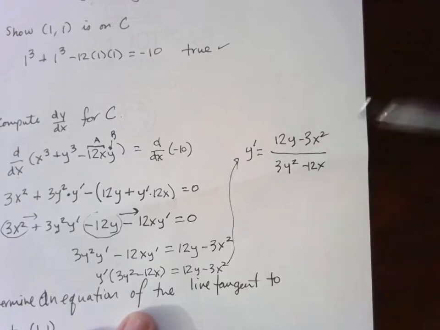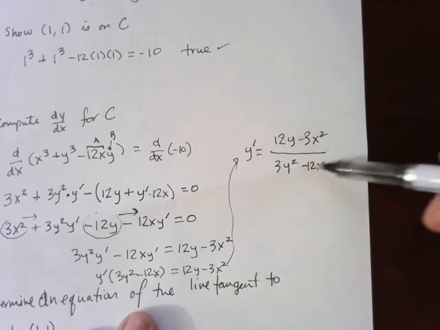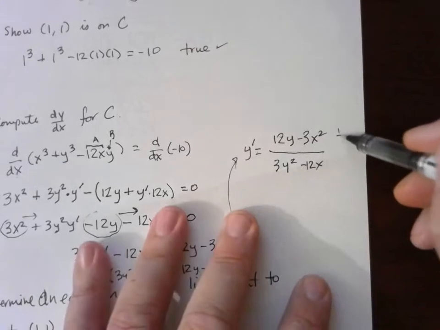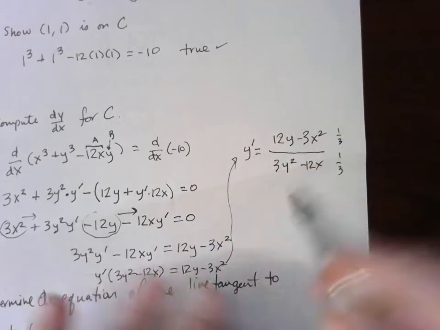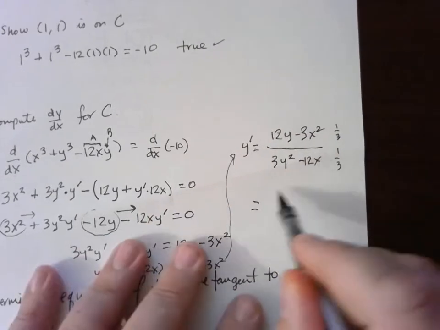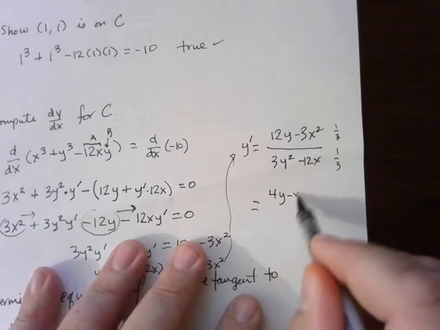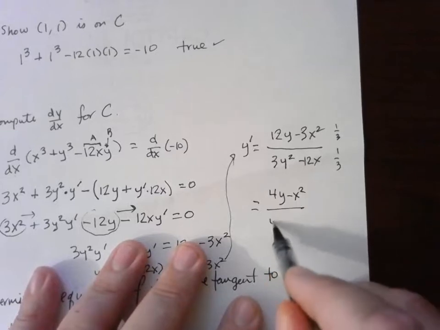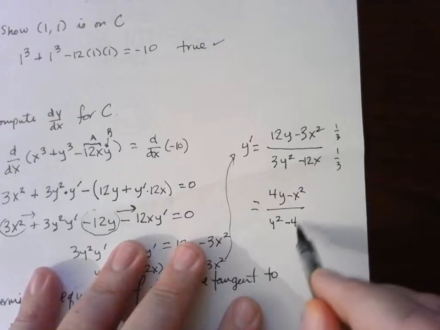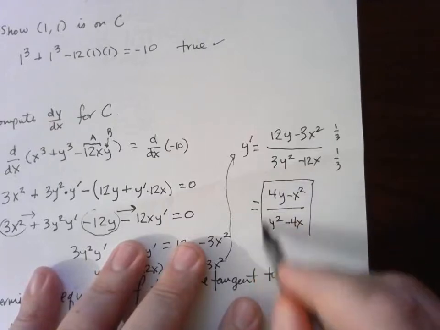I notice that top and bottom are multiples of 3, so I'm going to multiply top and bottom by a third just to make things a little bit nicer. So this is 4y minus x squared over y squared minus 4x. And this is the answer.